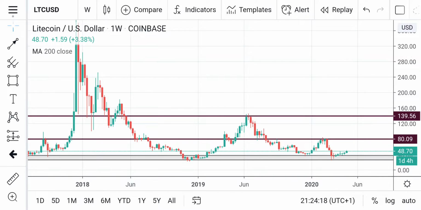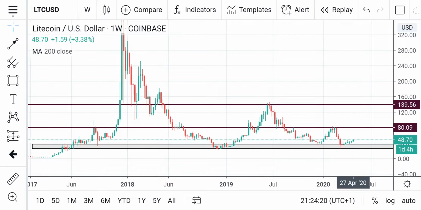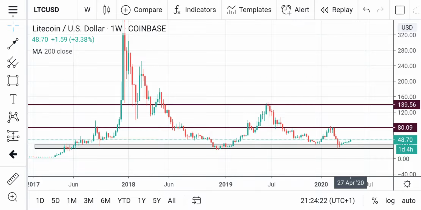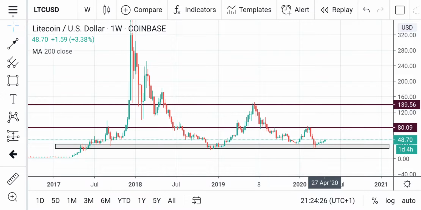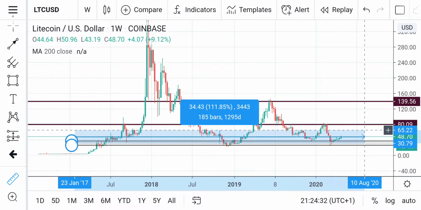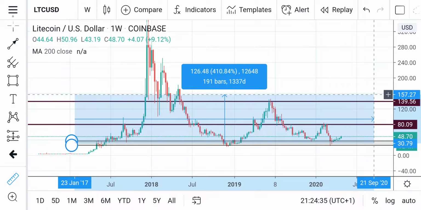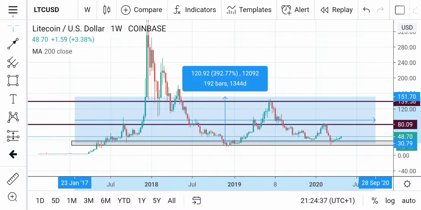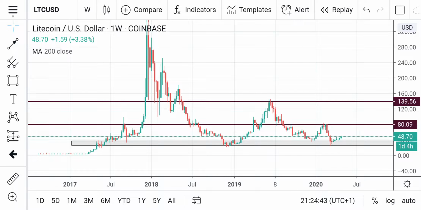That's why the 200 period moving average did not come out. It means the number of candles here is probably less than 200. Let me quickly check that. You can see the number of candles here is 189 bars. It's not up to 200. That's why my 200 moving average is not showing.